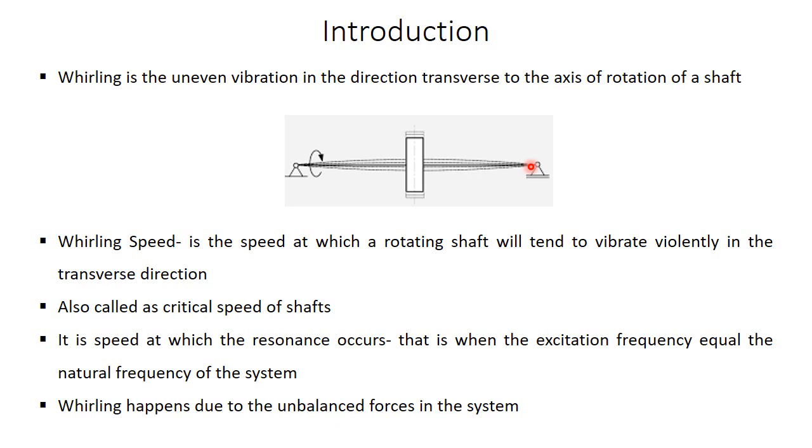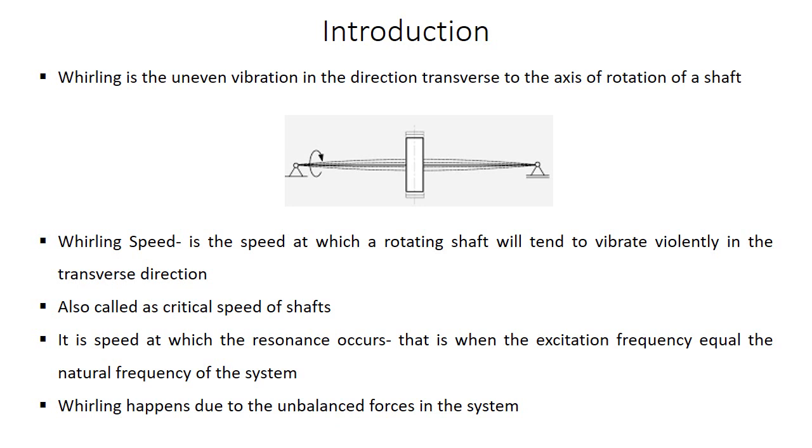The speed at which the shaft is rotating and which leads to a violent vibration in the system in the transverse direction is called whirling speed, otherwise called critical speed. We can say this is the speed of the shaft at which resonance occurs.